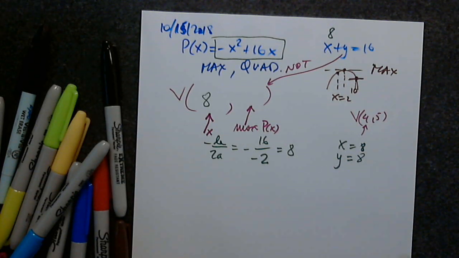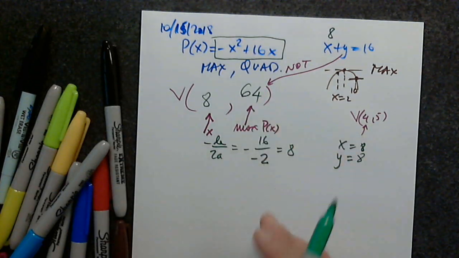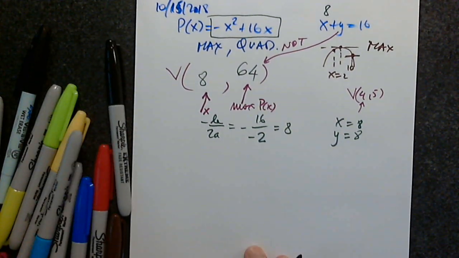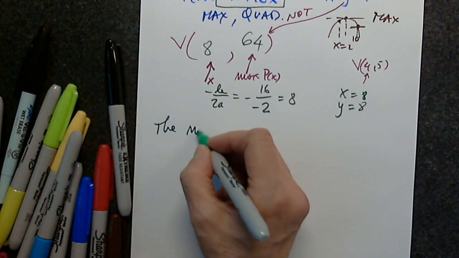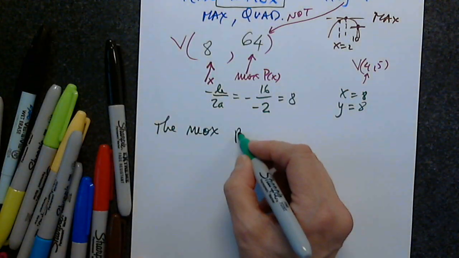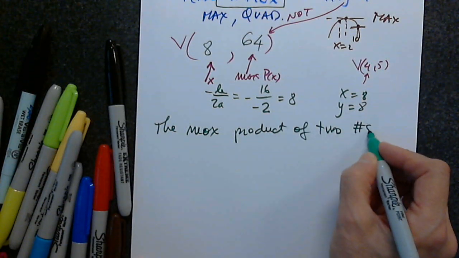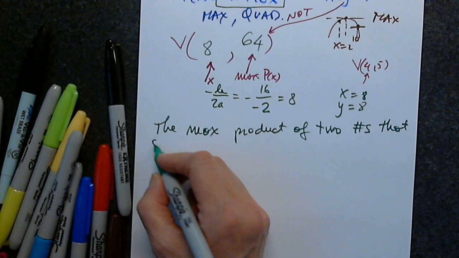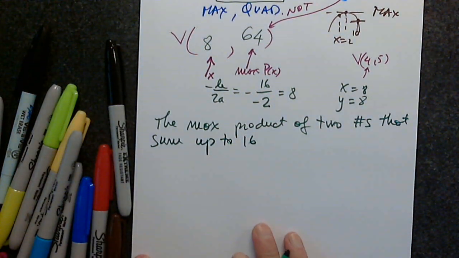So what will the answer be for the maximum product? And then we'll write the final answer for the problem. Perfect. So here is the complete answer. Let's write it together. The maximum product of two numbers that sum up to 16 is, can anyone tell us?